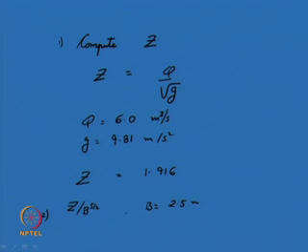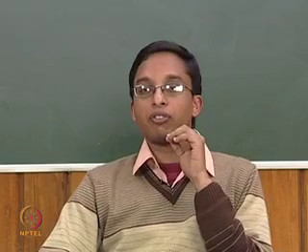Therefore, Z by b to the power of 5 by 2 is, you will get this quantity as around 0.194. So you use the same graph of rectangular section factor versus depth of flow.